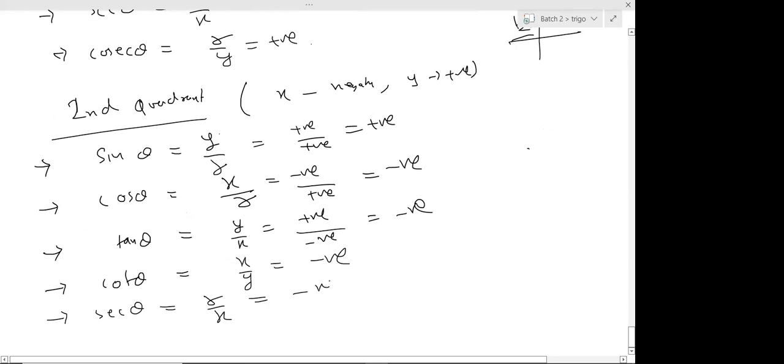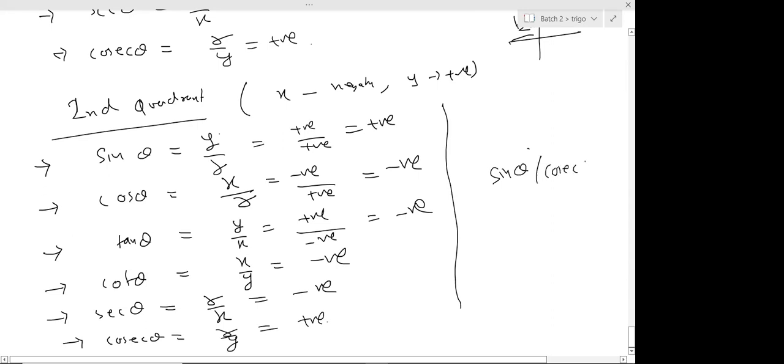This is also negative. And cosec theta is r upon y. This is positive, inverse of sine. So in second quadrant, sine theta and cosec theta give positive value.